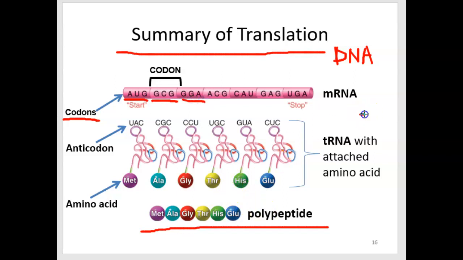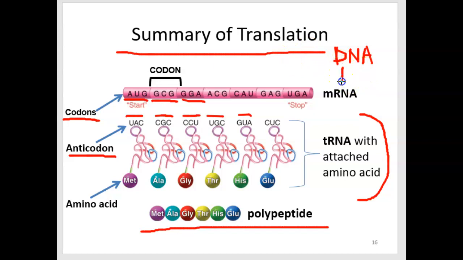However, transfer RNA is needed because it has to bring the amino acid to the ribosome. And so these anticodons are also complementary to the codon, which means actually the anticodon is the same sequence as the DNA. So I'm going to explain that.